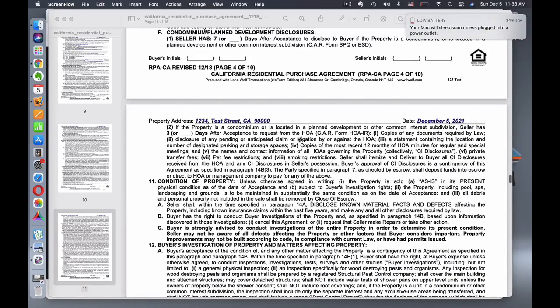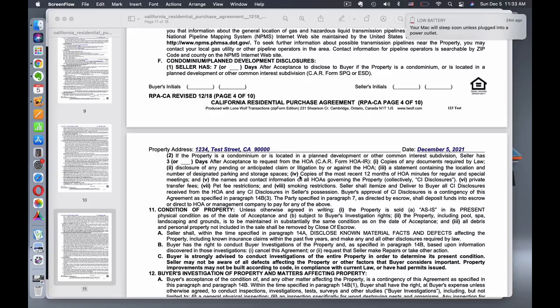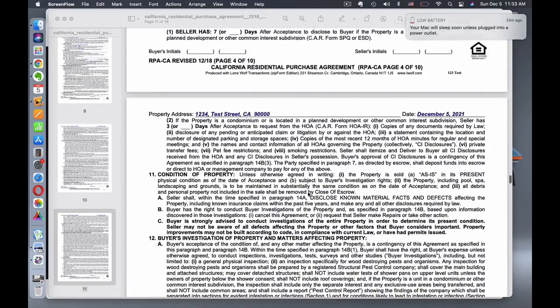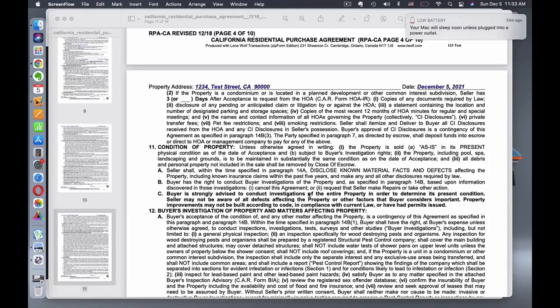This is more of these condominium plan development disclosures, and this paragraph talks about the condition of the property. Every property sold pretty much across the United States, if you look at the contract language, it always says as is in its present condition. So you're buying the property as is, as you see it.